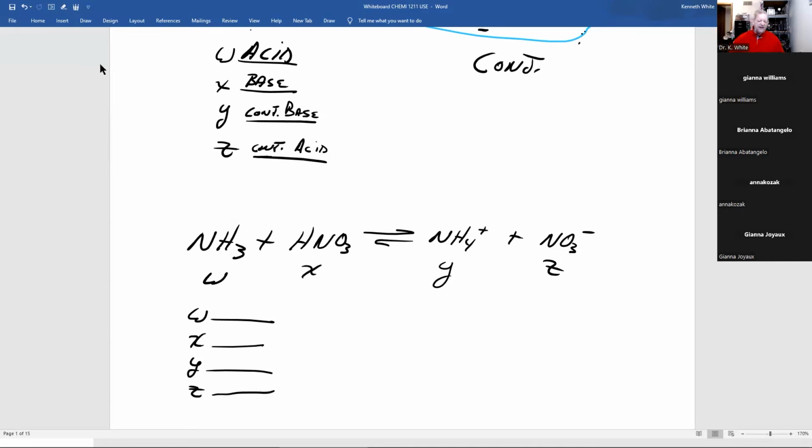And you have to label W, X, Y, and Z as acid, base, conjugate acid, conjugate base, whichever ones they are. Your turn.